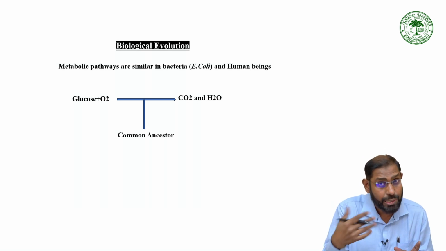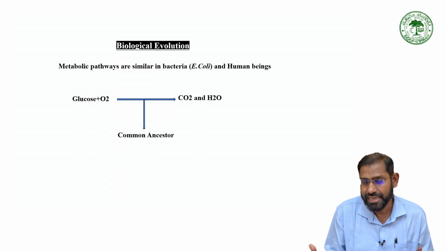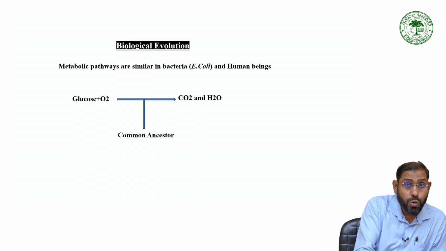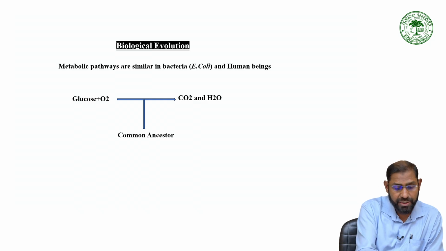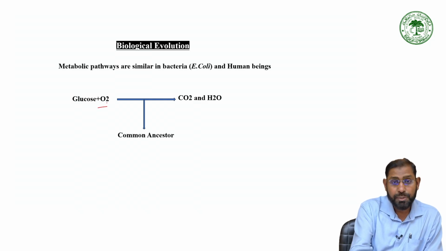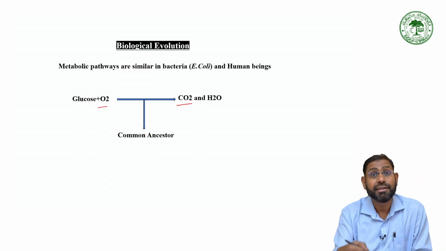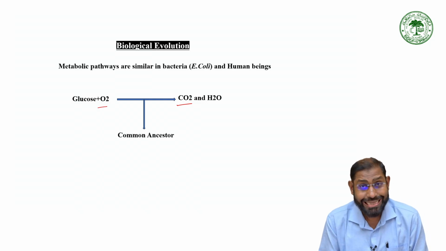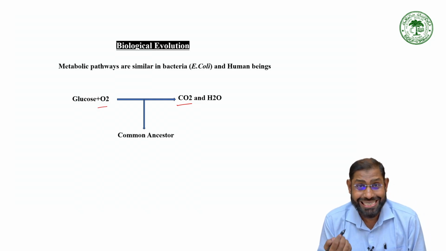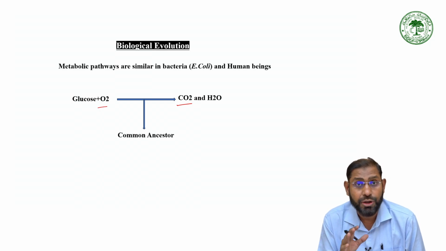For example, E. coli, Escherichia coli, and human beings: glucose metabolism with the help of oxygen produces carbon dioxide and water, and they originated from a common ancestor. That's biological evolution. They have the same metabolic pathway for glucose metabolism and produce the same products in both humans and bacteria.